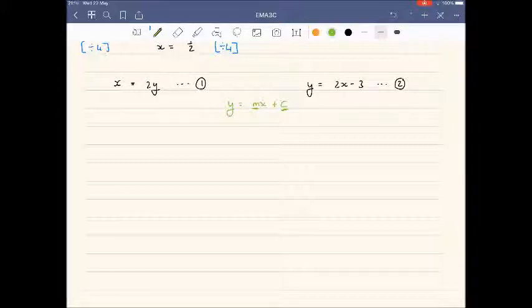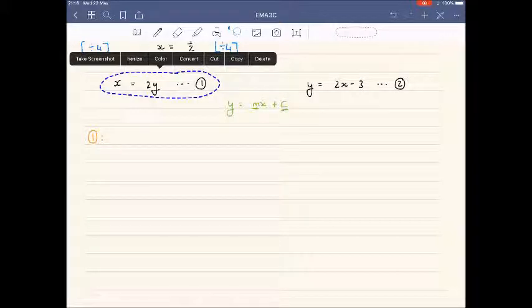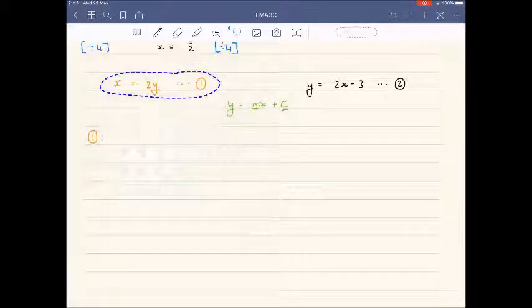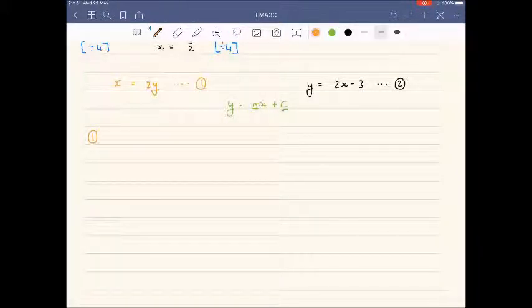So let's look at equation 1, and let's do it in orange to avoid confusion. If we look at equation 1, we want to try and get this in the form y equals mx plus c. So let's start by getting all the y's on the one side and see what we have left. We have x is equal to 2y.